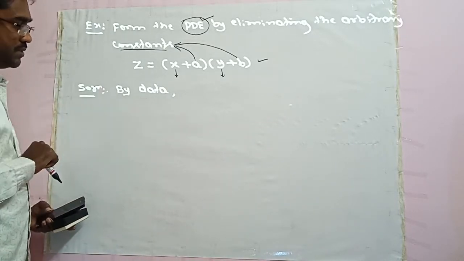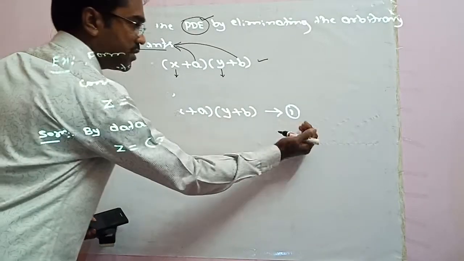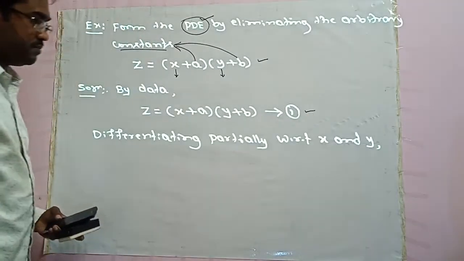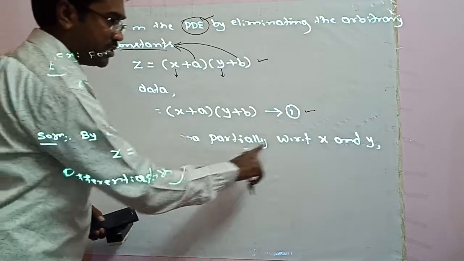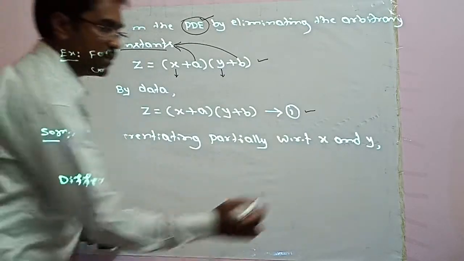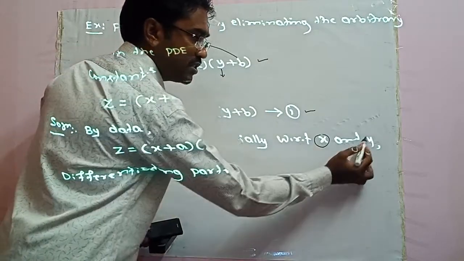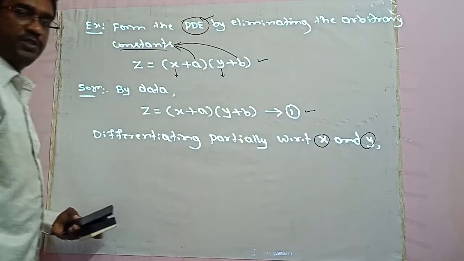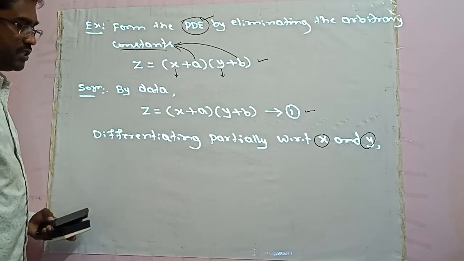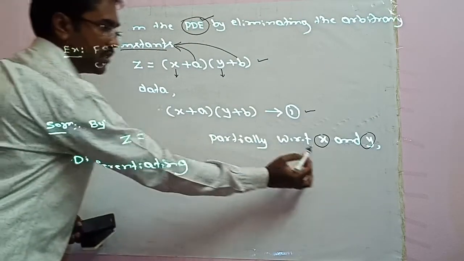By data, z is this. Call this equation number 1. Differentiating partially with respect to x and y, with respect to x first, then with respect to y. Now let us differentiate with respect to x first.